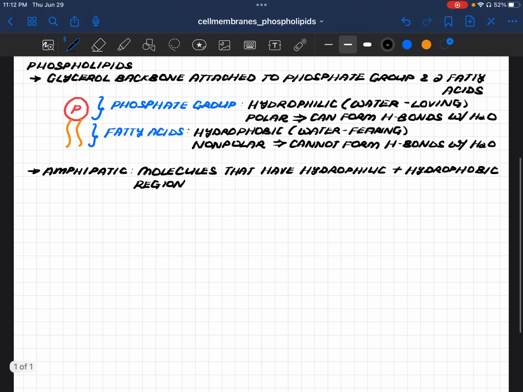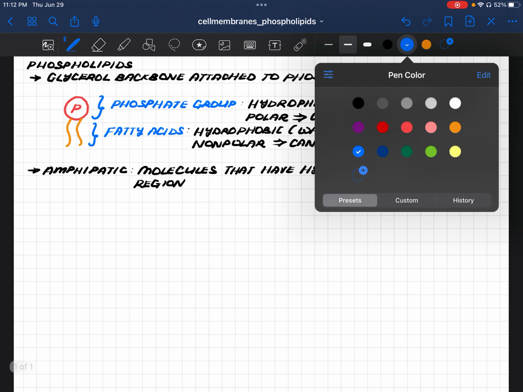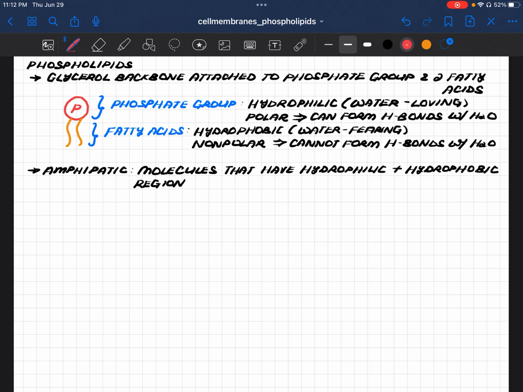So the arrangement happens spontaneously, where we have the phosphate groups out here, and the fatty acid tails inside here. And we'll also have that same arrangement here.